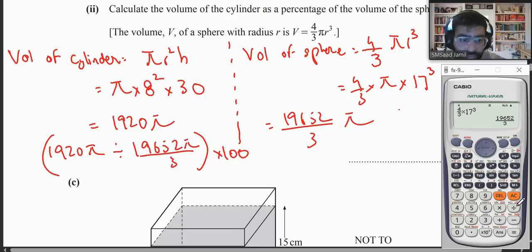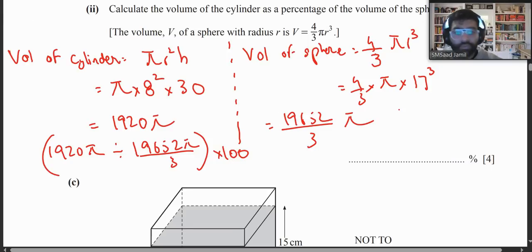So let's check it over here. 1920 pi divided by 19652 pi upon 3, multiplied by 100. So the answer is 29.3099. So you guys can just write 29.3 as your answer.